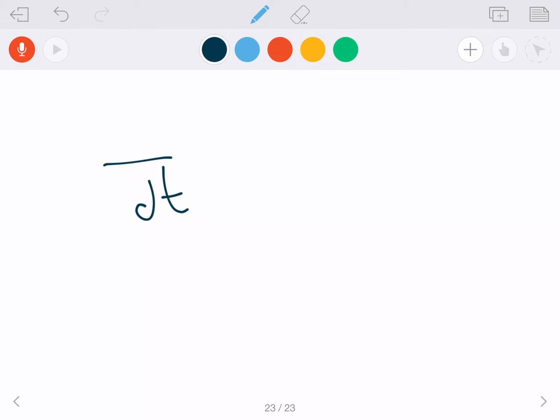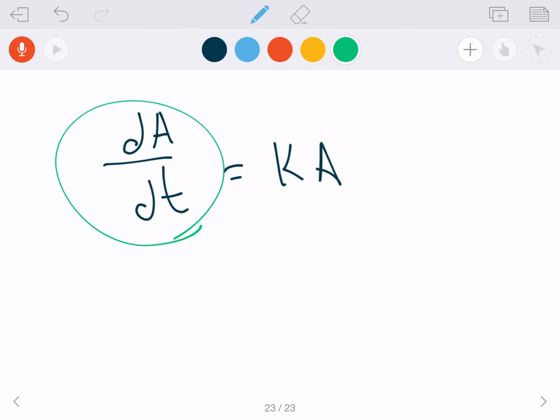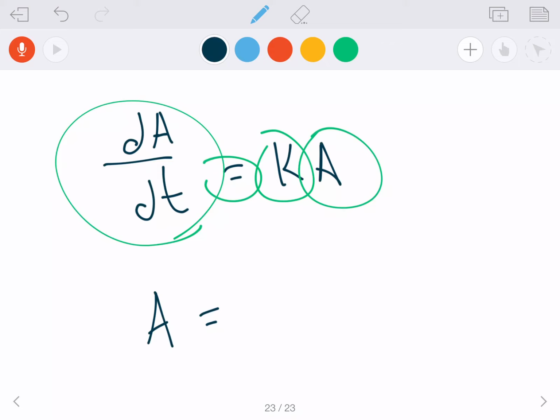The rate of change of A is proportional, so is where my equal sign goes, and there's your proportionality constant, to A. So again, the original statement was the rate of change of A is proportional to A. You should be able to take that statement and write that equation. And you've solved this numerous times at this point. You know that the solution of this becomes your exponential growth and decay function.